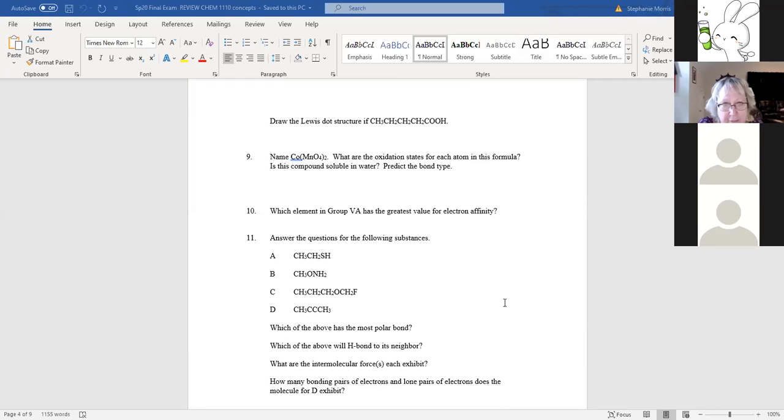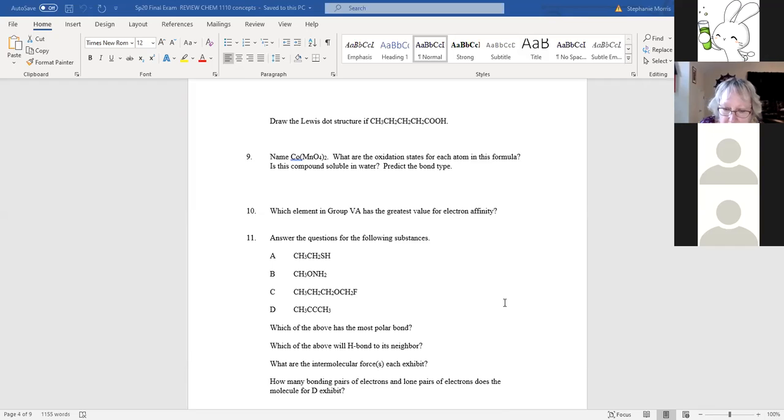I'm going to draw B first, and then maybe you'll see why. This is B. Yes, there is a hydrogen bonded to N, O, or F. This molecule will hydrogen bond to its neighbor.